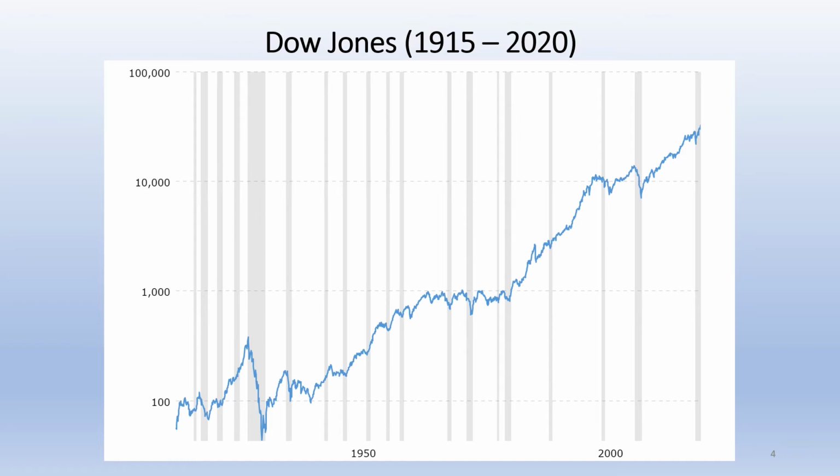It's usually better to look at it with inflation factored in, but we're just going to look at the numbers. Now, this kind of proves the lump sum investing advantage. If I bought in 1915, by 2020, I've made some nice progress, some fantastic progress.